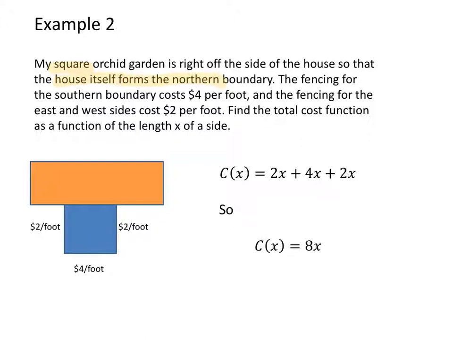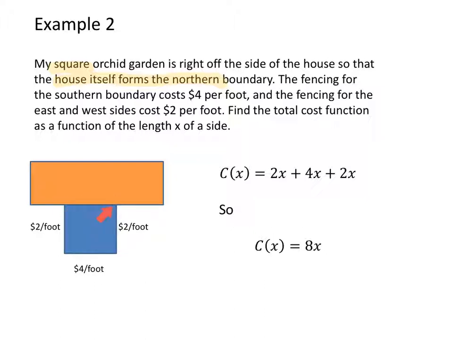The rest of it, blah, blah, blah. The fencing for the southern boundary costs $4 per foot, and the fencing for the east and west sides costs $2 per foot. I want to find the total cost function as a function of the length x of a side. Now, it's a square, so I know every side has length x. And I don't have to fence the top, the northern boundary.